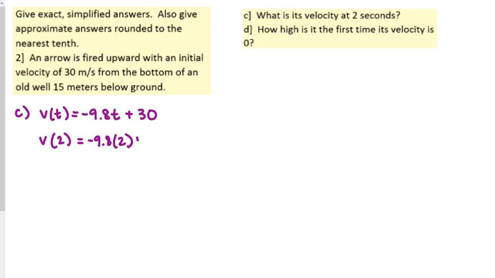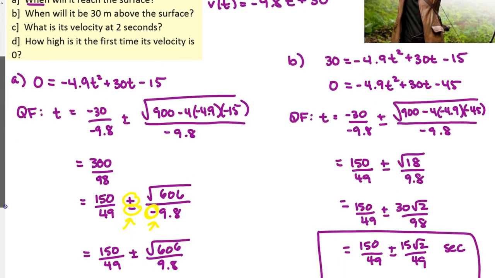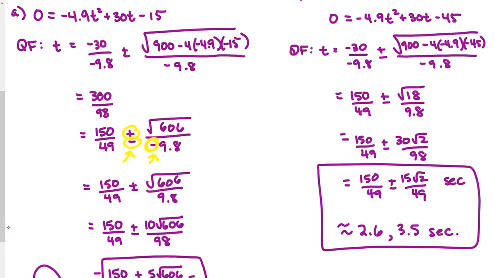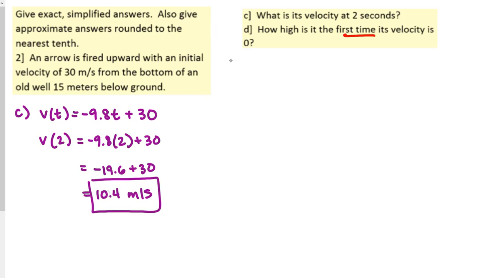If you think about the last part of the problem we did, part B, we noticed that it had reached a height of 30 at time 2.6, so that must have been when it was on its way up, and a height of 30 at time 3.5 when it was on its way down. So then at time 2, it's still on its way up, so we're expecting a positive here, and we get positive 10.4.